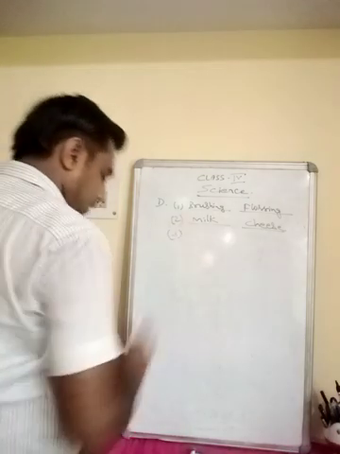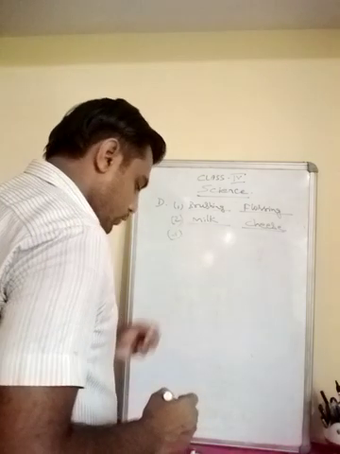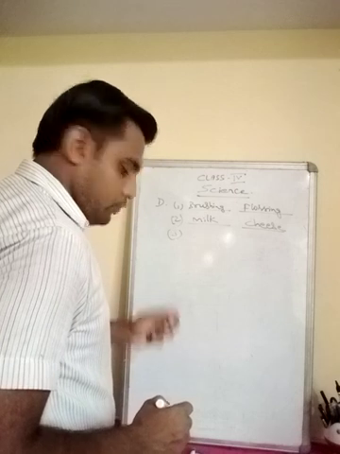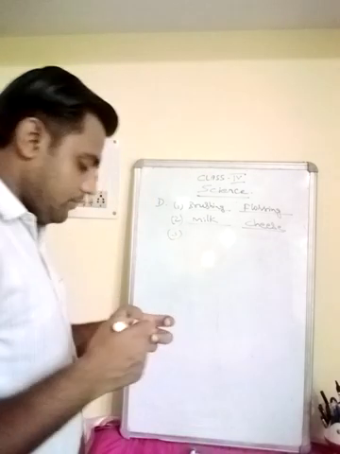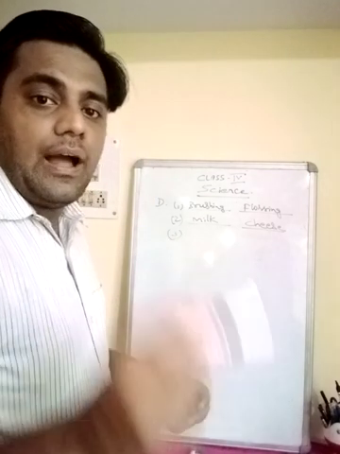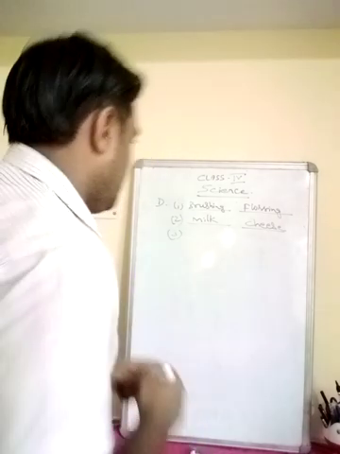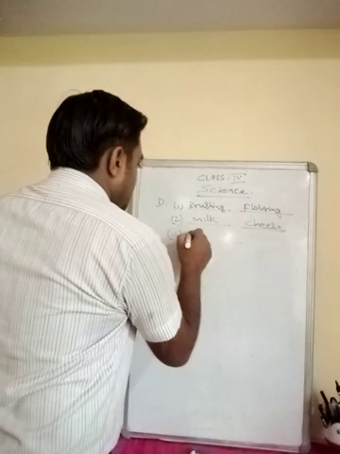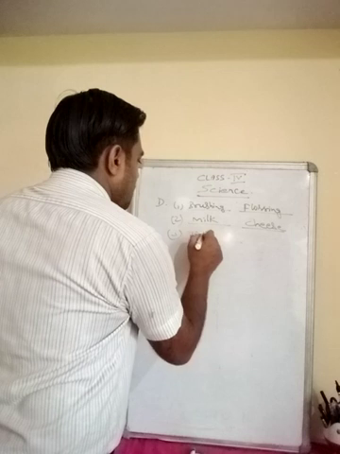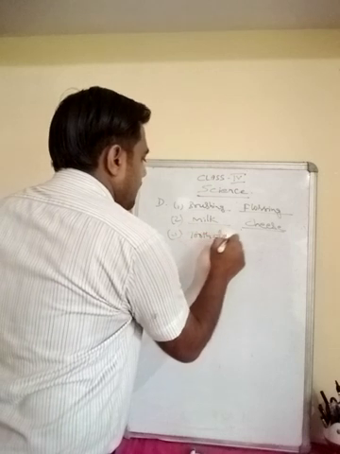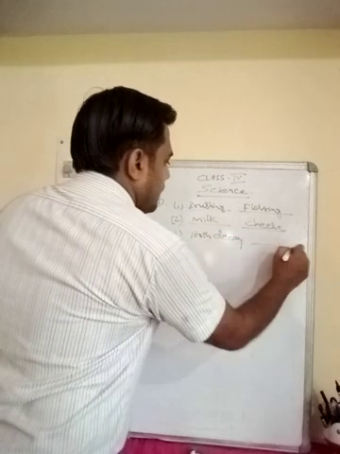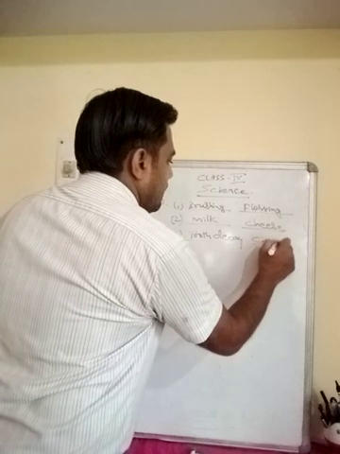Then you have number 3, 2 diseases of teeth due to acid produced by germs. If our teeth gets germs and they produce acid, then our teeth gets 2 problems. One is tooth decay, and next one cavity.